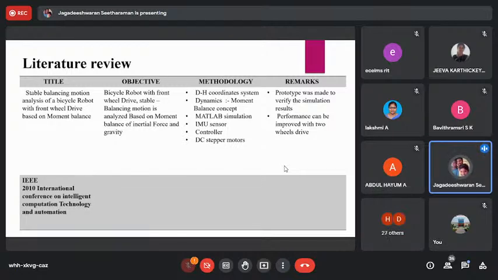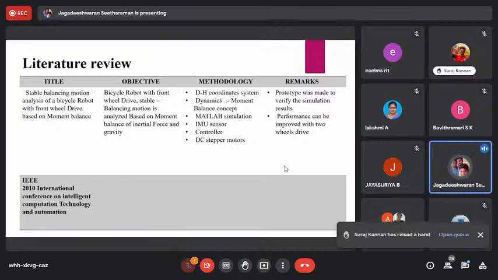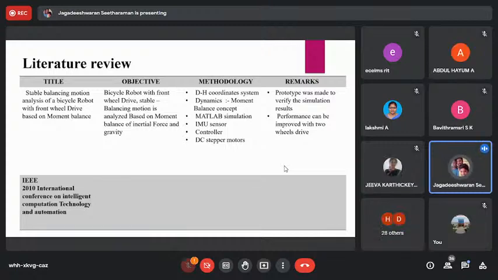They used the DH methodology, and they simulated the whole project using MATLAB. The main drawback was that they did not concentrate on the prototype. They decided to improve the performance by using the wheel drive.